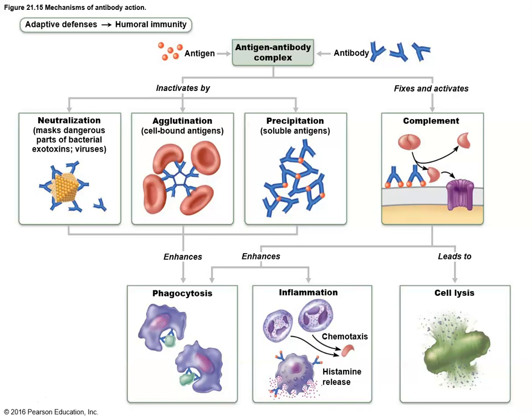The third option here is precipitation. What happens here is antigens that are soluble, dissolved, readily moving in the fluid, will be bound up by the antibodies, completely surrounded, and removed from the solution. So they're no longer in the solution; it's sort of like agglutination in a way, gelling it up and taking it out of solution.